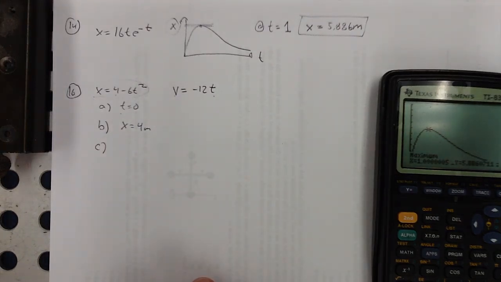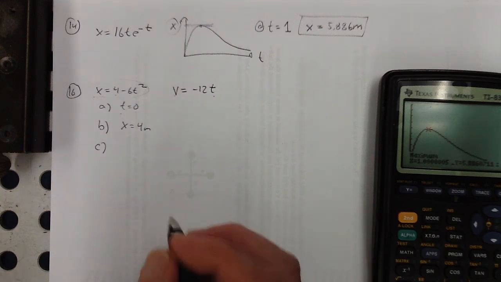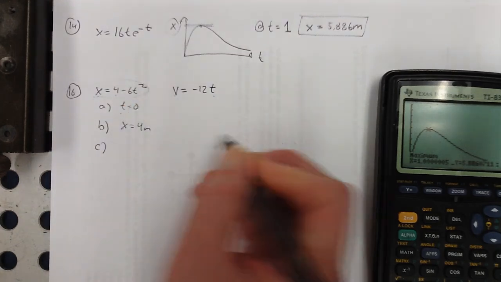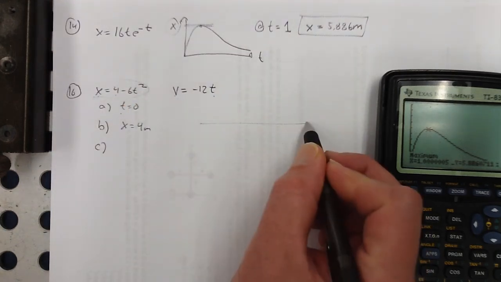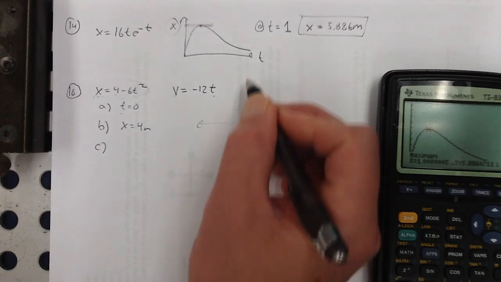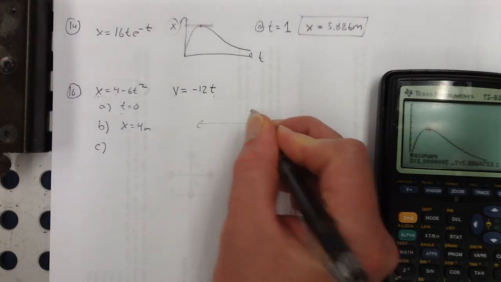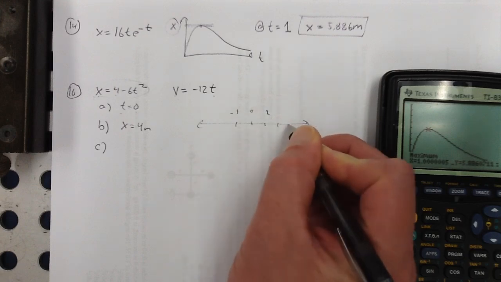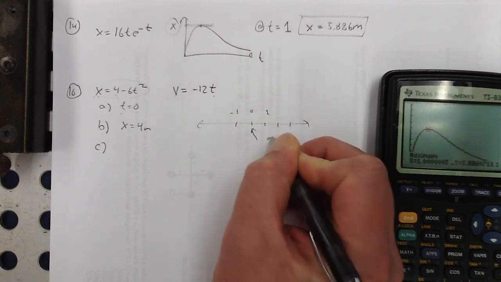At what negative time and positive time does the particle pass through the origin? Okay, so passing through the origin is having a position of 0. We think about the origin as on an xy plane, but if you have just a number line like this, and so on, this is the origin.